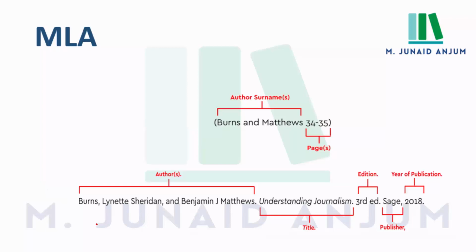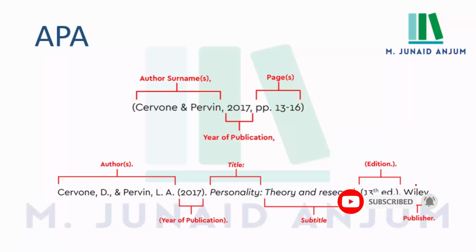MLA style, basically author surname and pages, and in the bibliography, authors, title, edition, publisher, year of publication. Similarly, APA style is also like this, you can see surname, year of publication, pages.